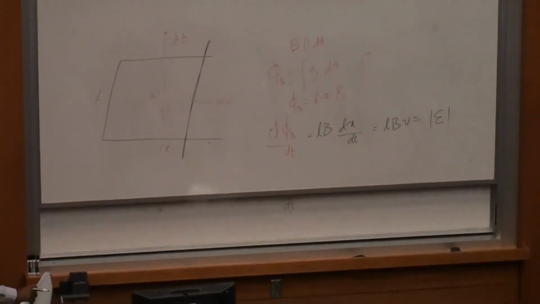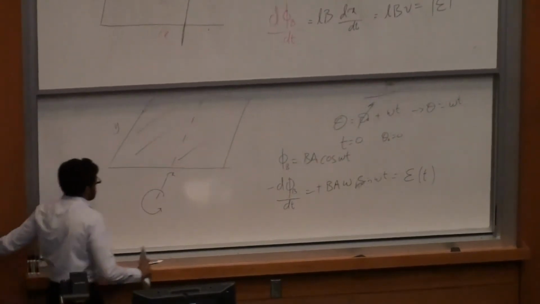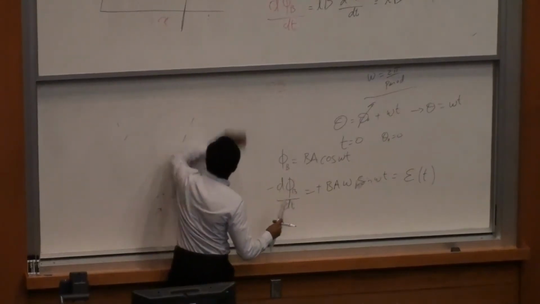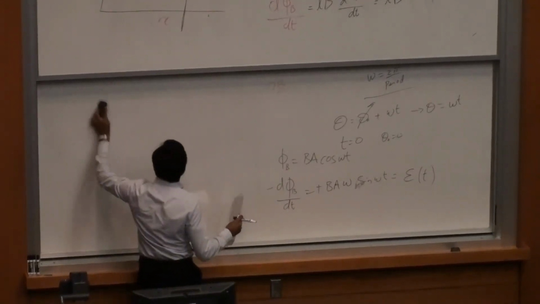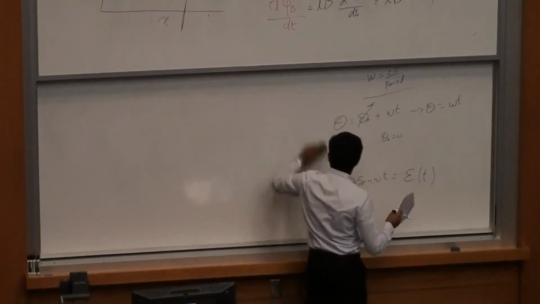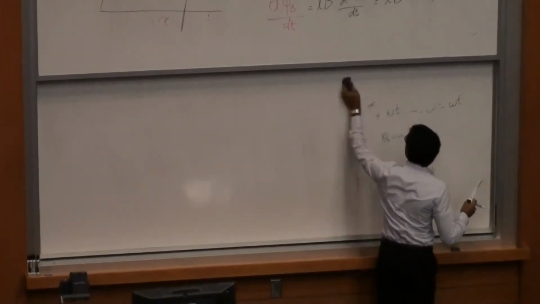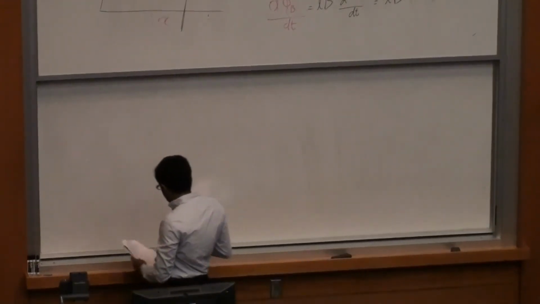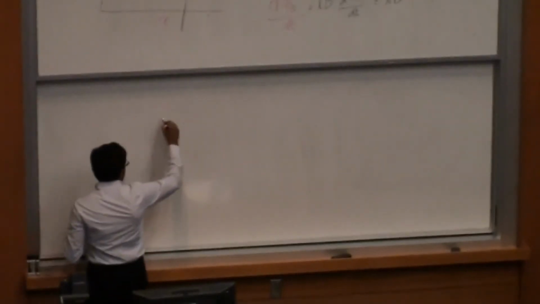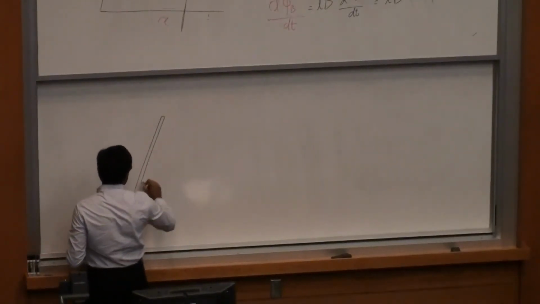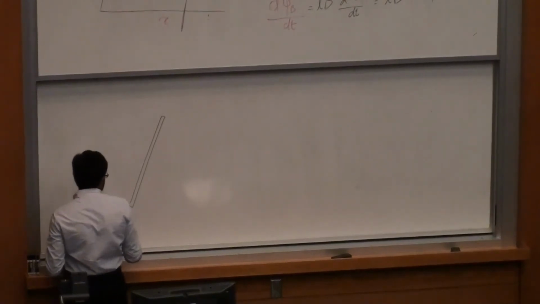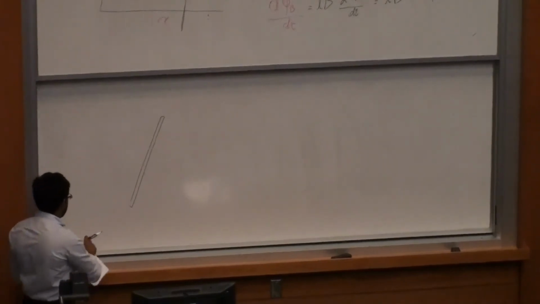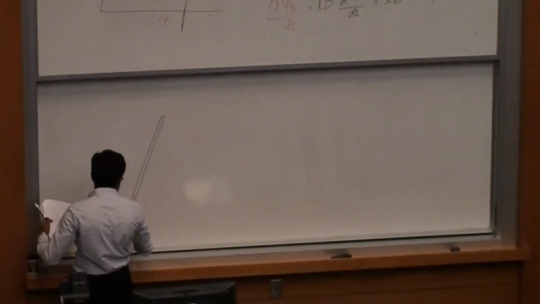Now let's look at a different view of this. Let's take that rod, right? And let's say I have current coming towards me. If I'm looking at the rod like this, the current's coming towards me, coming out like that.